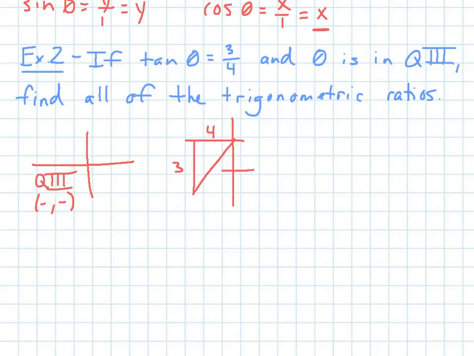You want to be able to find your hypotenuse. Now, because you're going to the left from the origin, your x is negative, and since you're going down from the origin, your y is negative. So remember, double negatives make a positive. So then I want to square those using my Pythagorean theorem.